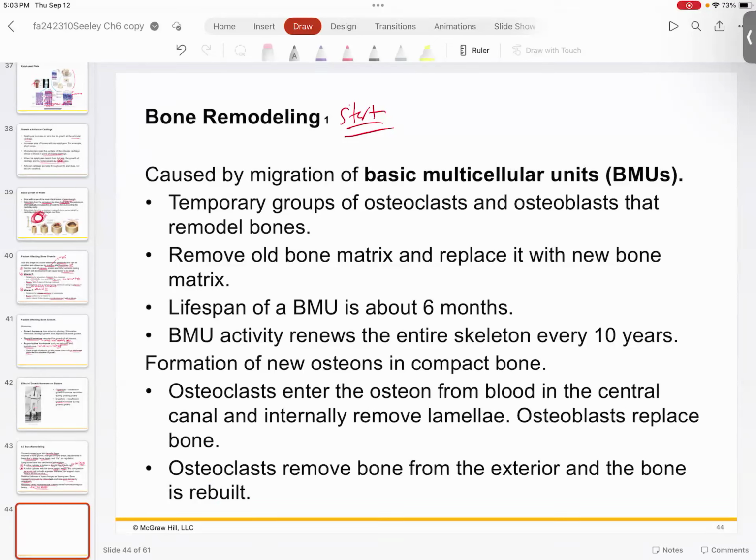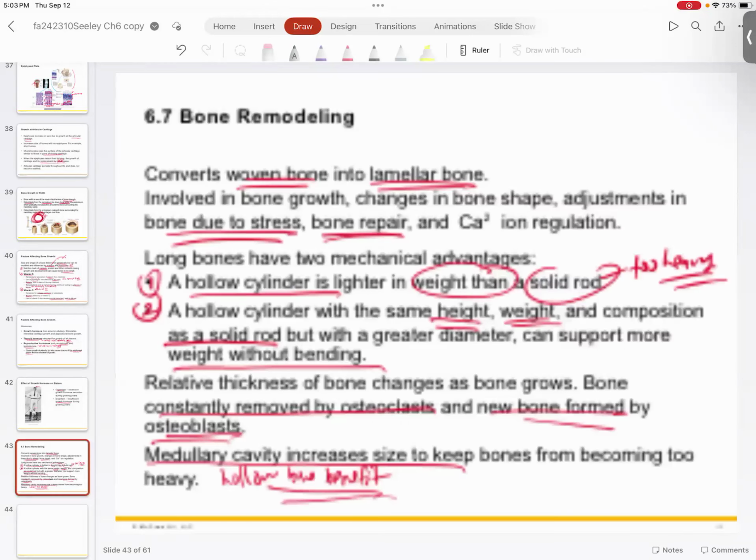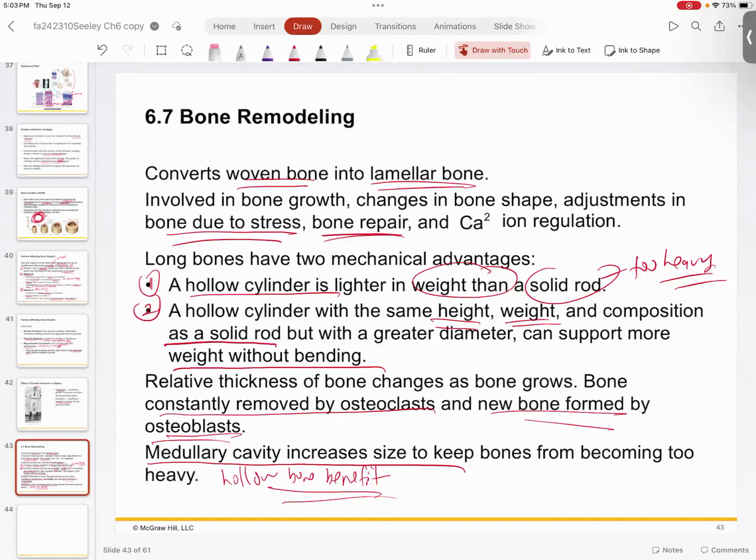So we left off at bone remodeling. We're talking about some bone physiology pieces, and we'll still continue our discussion of bone remodeling. We just got done mentioning remodeling and basically how this works.